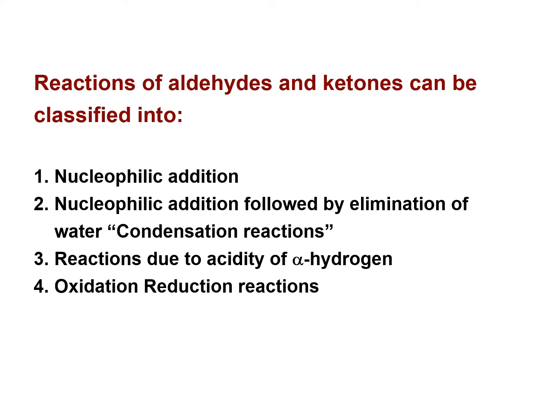As we have mentioned, there are 4 types of reactions of aldehydes and ketones: nucleophilic addition or condensation, where we first perform nucleophilic addition followed by elimination of a molecule of water, reactions due to the alpha acidic hydrogen, and the oxidation reduction reactions.